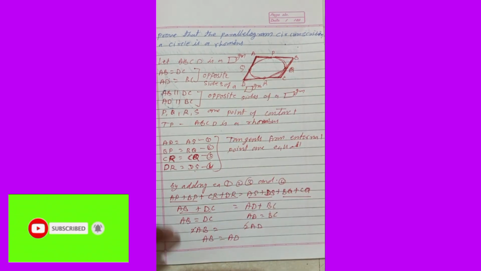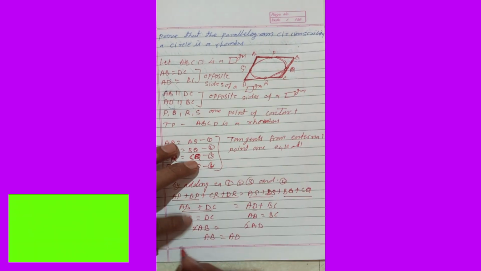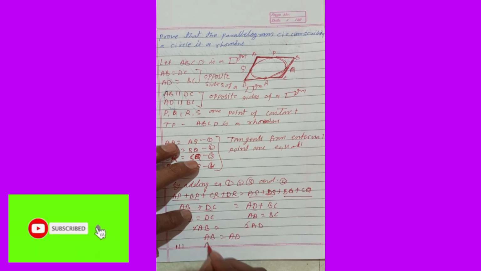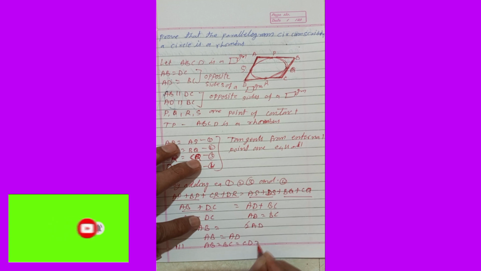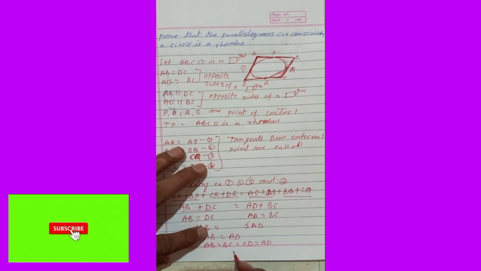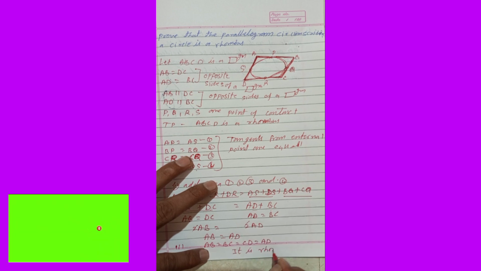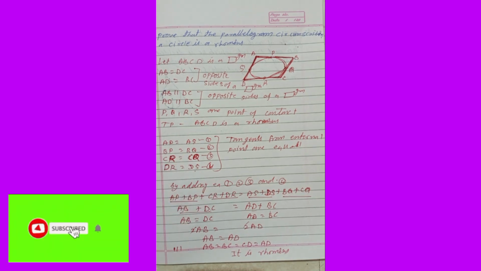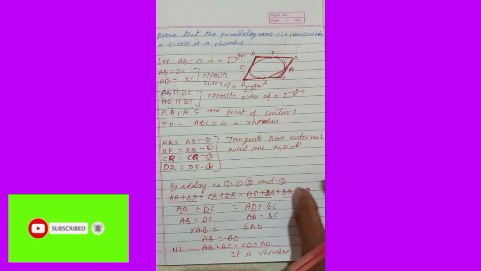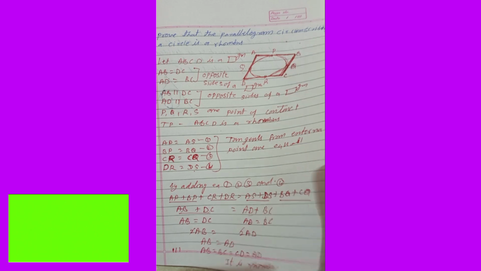This also means all sides become equal. Similarly, AB is equal to BC is equal to CD is equal to AD. So all sides become equal, so it is a rhombus. Hence it is proved. Please like the video. Share the video with your friends to help them out also.